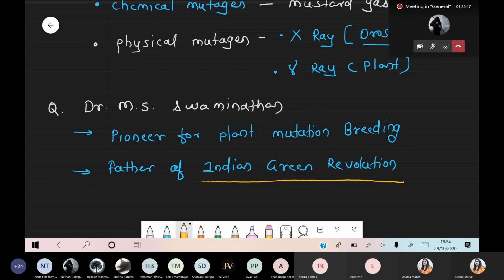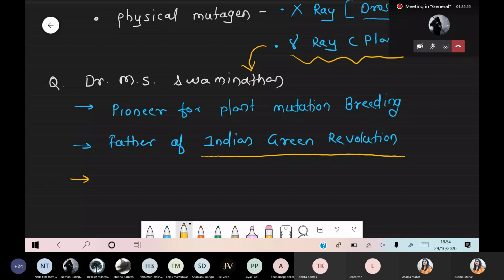First time Dr. Swaminathan used gamma rays. That's why Dr. M.S. Swaminathan is also called the father of radiation genetics. Because for the first time scientists used gamma rays to purposefully induce mutation for crop improvement.